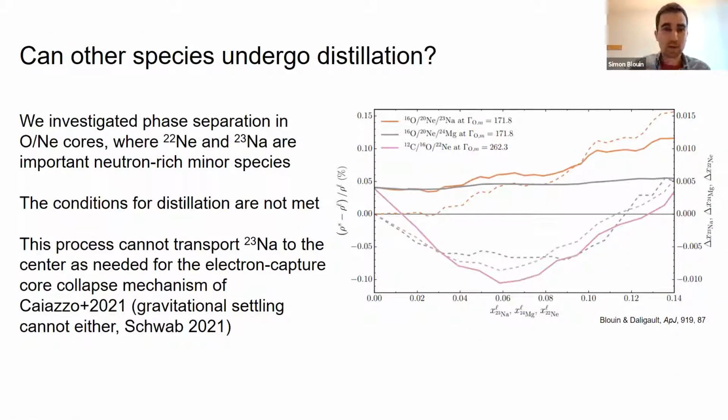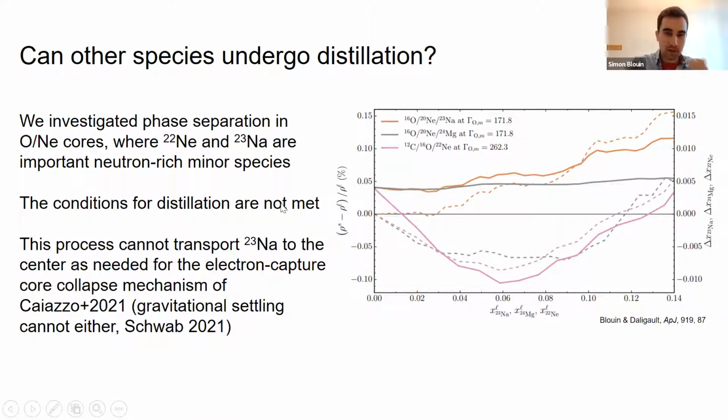Finally, I just want to say a quick word on the possibility of other distillation processes in crystallizing white dwarfs. We've looked at the case of oxygen-neon cores, where you also have neon-22, but also sodium-23, which is another neutron-rich species. Only neutron-rich species can take part in a distillation process, so that's why I'm focusing on those species here.